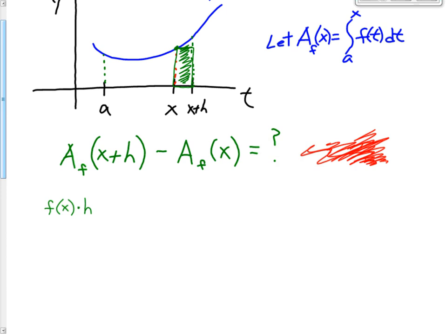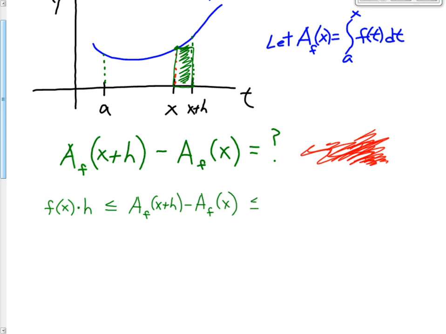And that should be less than this area we're talking about, maybe equal to if our function was constant over that short subinterval. So that should be less than A sub f of x plus h minus A sub f of x.